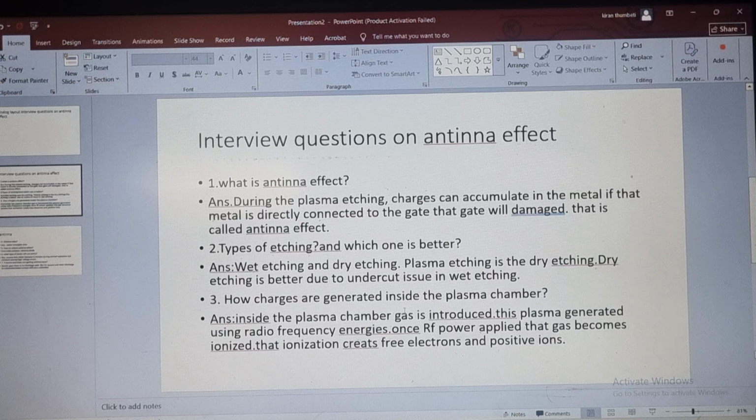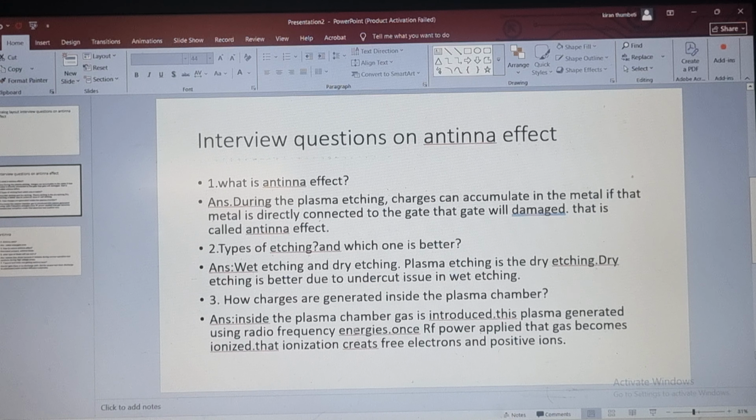How are charges generated inside the plasma chamber? We said that during plasma etching, charges accumulate in the metal, so how do charges arise in that plasma? Inside the plasma chamber, gas is introduced. The plasma is generated using radio frequency energy.